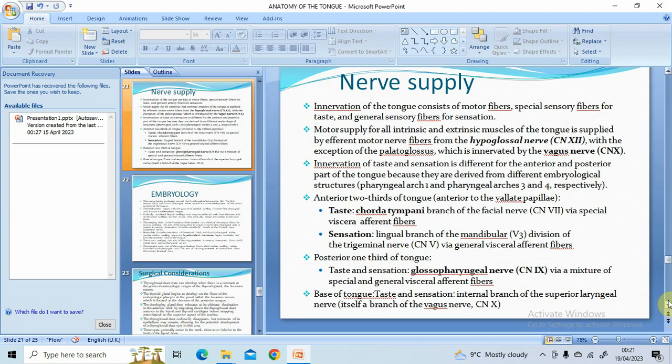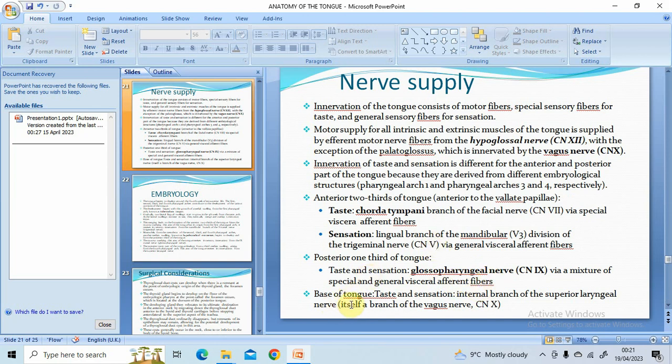So I'm going to talk about the posterior one-third of the tongue. The taste and the sensation, that one is for the glossopharyngeal nerve. You can see the difference. For taste and sensation, it's just the glossopharyngeal nerve. That's cranial nerve 9, via special and general afferent fibers.